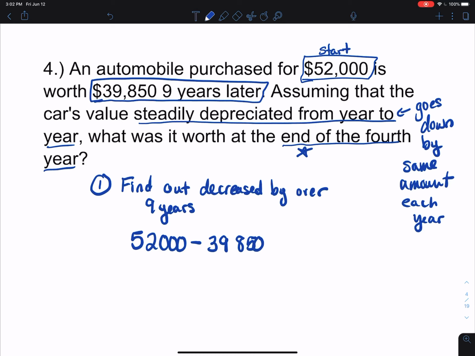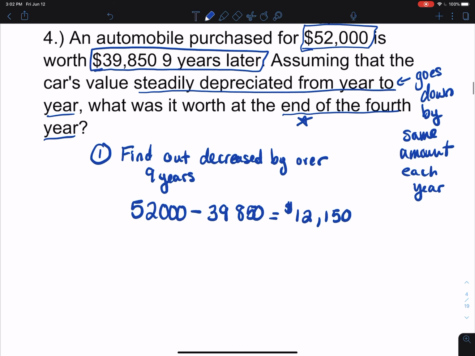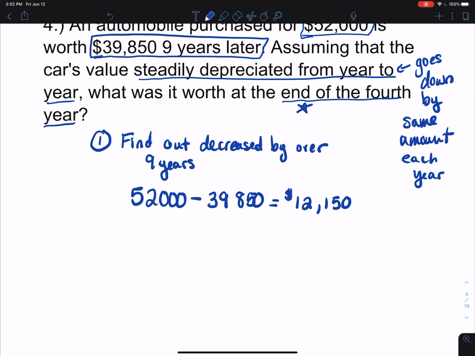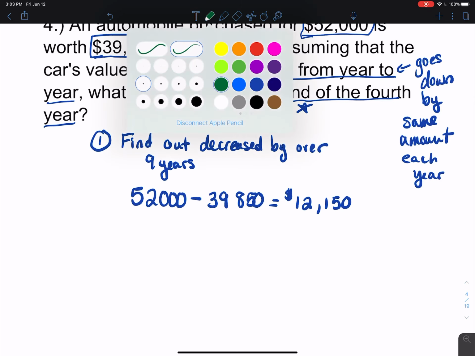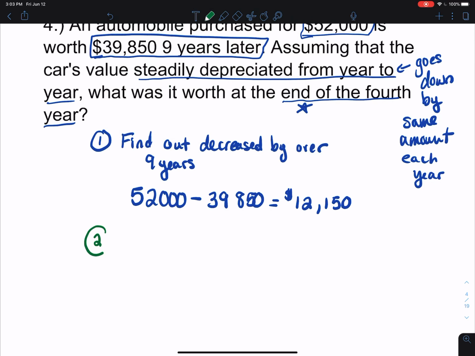If I do that, that's going to give me $12,150. So over 9 years, it went down by $12,150.